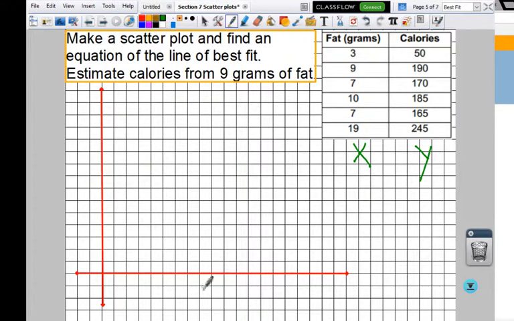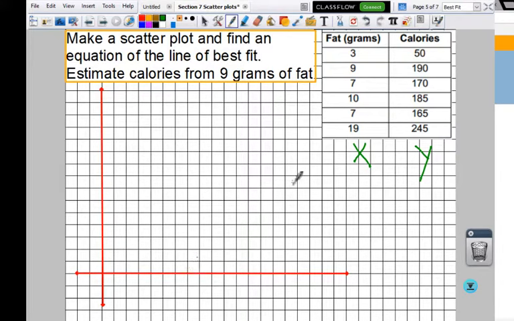Okay, so let's look through here, and we're going to have to graph these, right? Let's look at our x's. What's my biggest x? 19. Do you want to count 19 lines down here? No. What should we make x's go by instead?